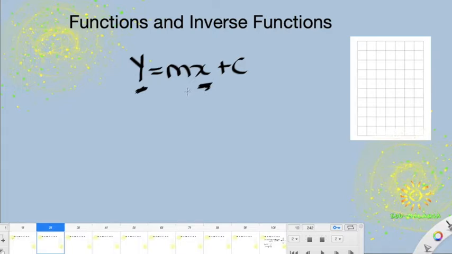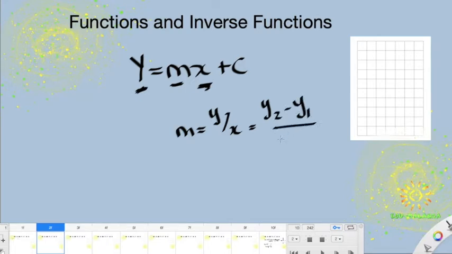M often equals y over x, or what we call y2 minus y1 over x2 minus x1, essentially how the graph slopes. And c then becomes the intercept, where the graph crosses the axis.